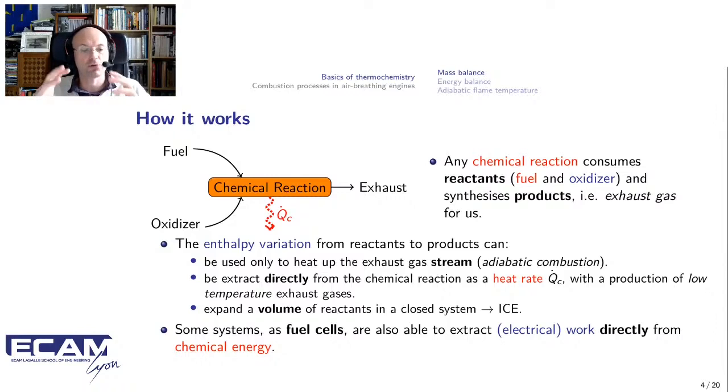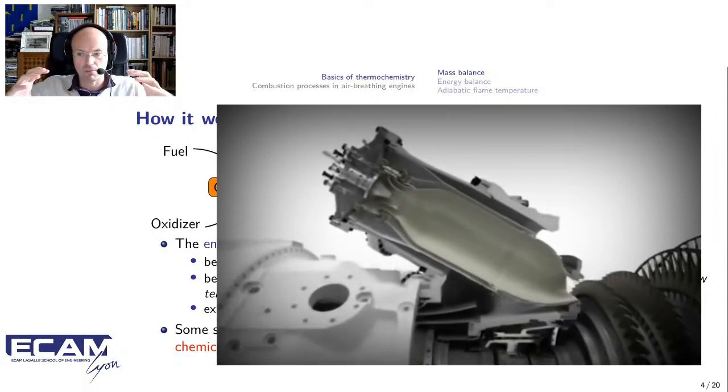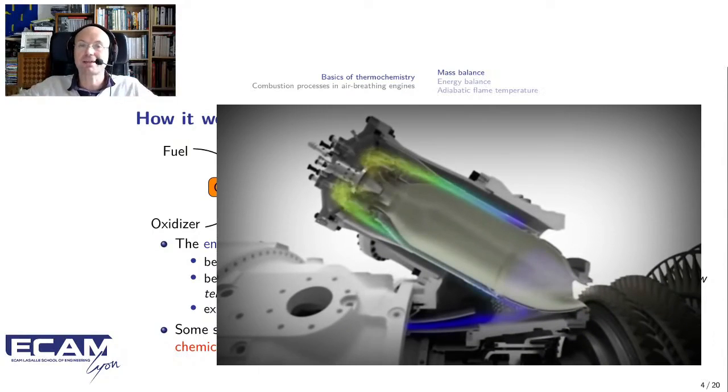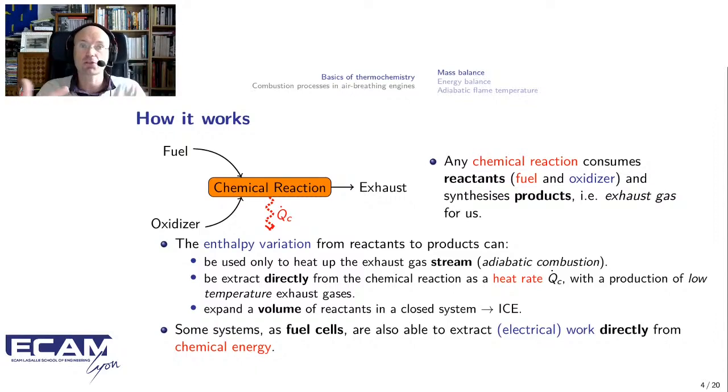You imagine your combustion process occurs in a combustion chamber, and we try to make it as adiabatic as possible, with no exchange of heat with the outside. And so all of this chemical energy which is released by the combustion process is just enclosed in the system. And so the only way to balance this and to use this energy is to increase the exhaust temperature.